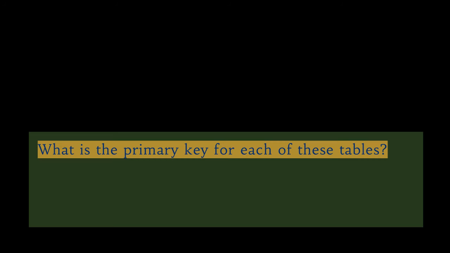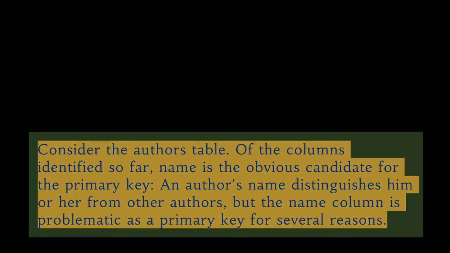What is the primary key for each of these tables? Consider the authors table. Of the columns identified so far, name is the obvious candidate for the primary key. An author's name distinguishes him or her from other authors, but the name column is problematic as a primary key for several reasons.